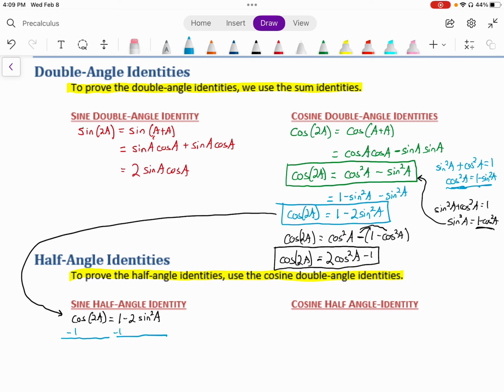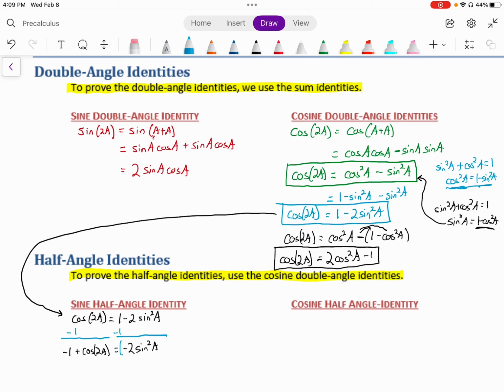And I'm actually going to write this. We don't usually write it in this form, but I'm going to keep this -1 first. So this is -1 plus cosine of 2a equals -2 sine squared of a. Now, I'm solving for sine of a, so I'm going to multiply both sides by -1/2.